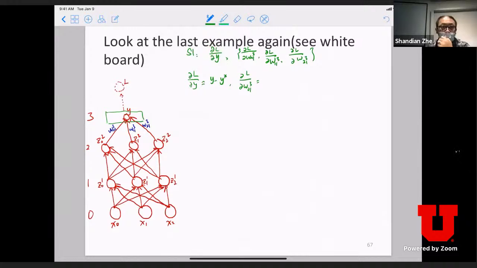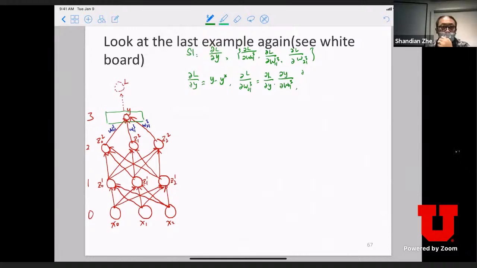Just as we mentioned, you first read out partial L over partial of its target node, and then just calculate partial target node over the weight. So it's partial L over partial Y times partial Y over partial W013.